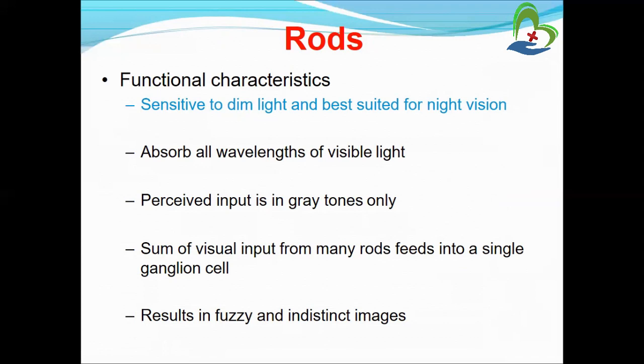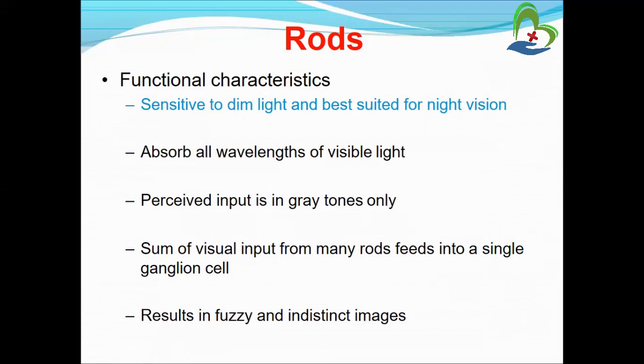It absorbs all wavelengths of the visible light. The main function of the rods is that they are activated in dim light, so they absorb all wavelengths of visible light and perceive input in gray tones only. That's why we can see in dim light.